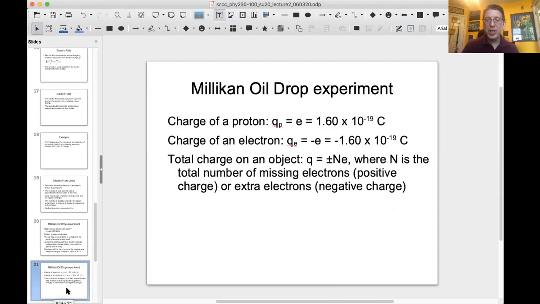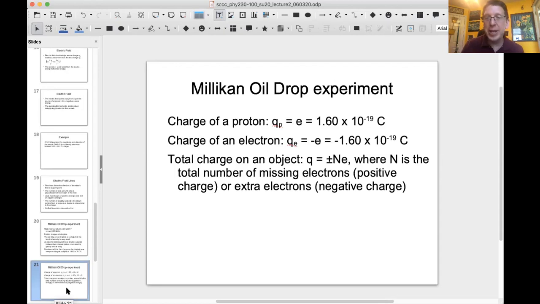So the total charge on any object is equal to plus or minus capital N times E, where N is the total number of either missing electrons or extra electrons. So if it's gained electrons, it's going to have a negative charge. If it's lost electrons, it's going to have a positive charge. But either way, the magnitude of that charge is equal to the total number of electrons that have either been gained or lost, multiplied by that number E.